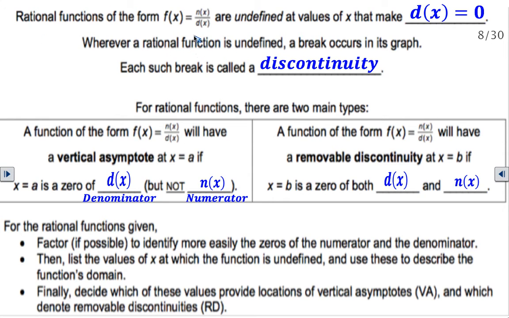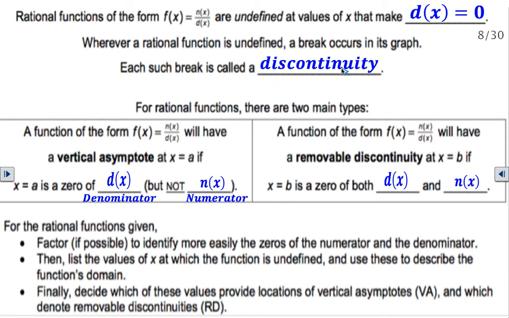We're going to do the same thing with rational functions, except we're going to break it down into the equation in the denominator and the equation in the numerator. Anytime you plug in some number for x in the denominator and you get 0, you're going to cause a break, or it's undefined at whatever number you plugged in for x.